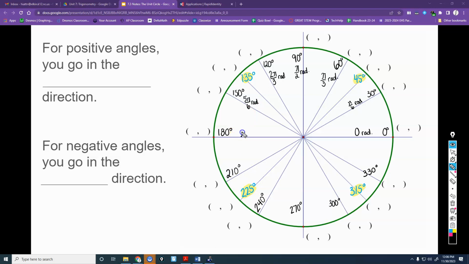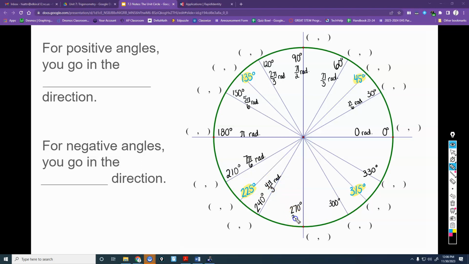This one's just going to be pi radians. This one is 7 pi over 6 radians. This one is 4 pi over 3 radians.